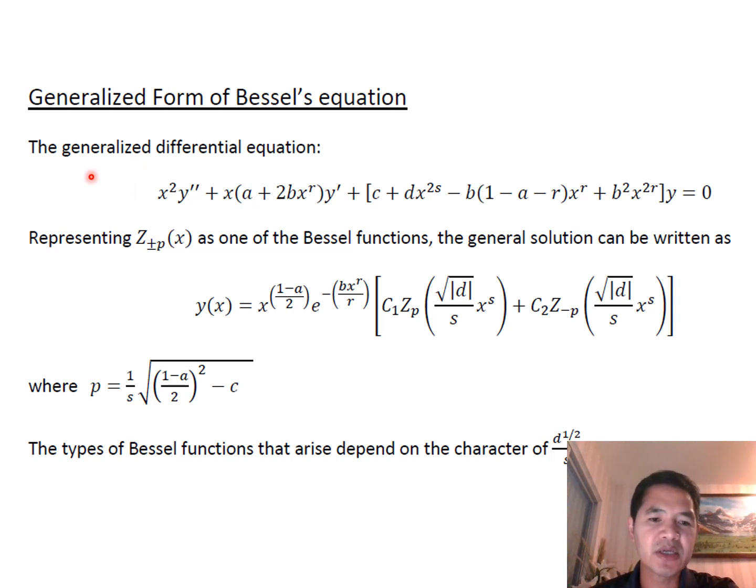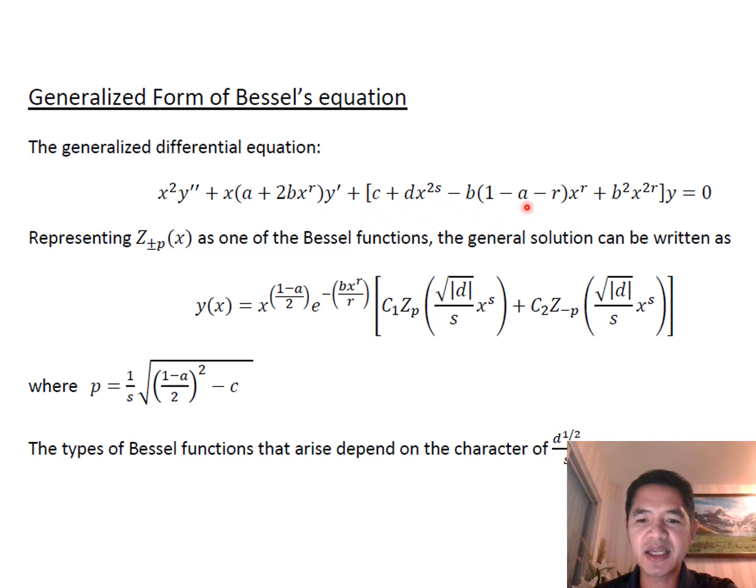This is the general form of a second-order ODE. Whenever we have one, just find the values of a, b, r, c, d, s.